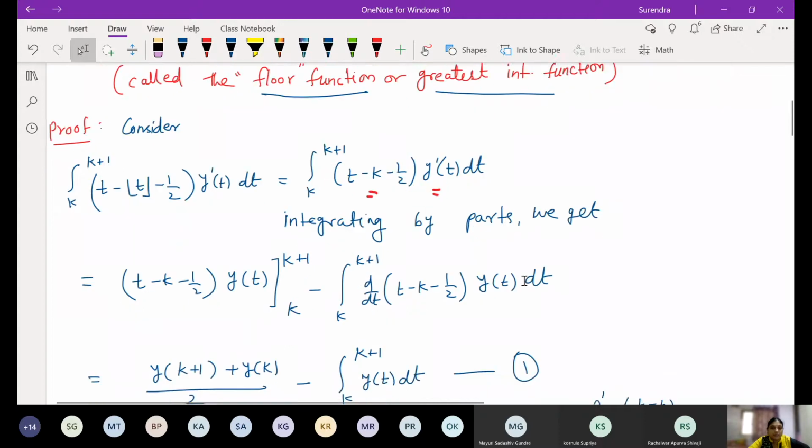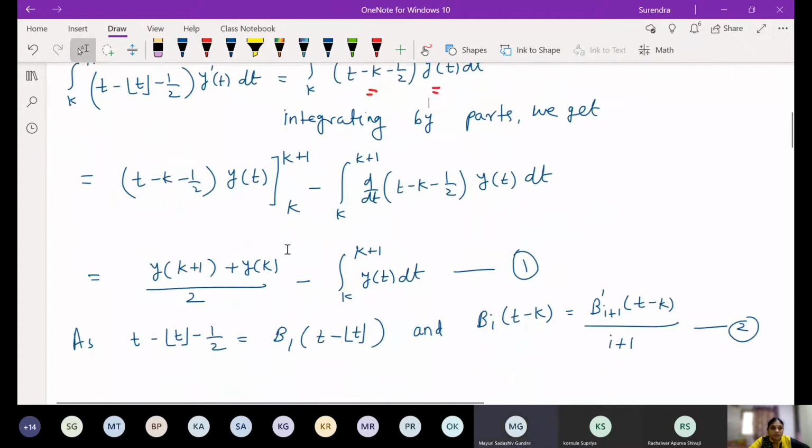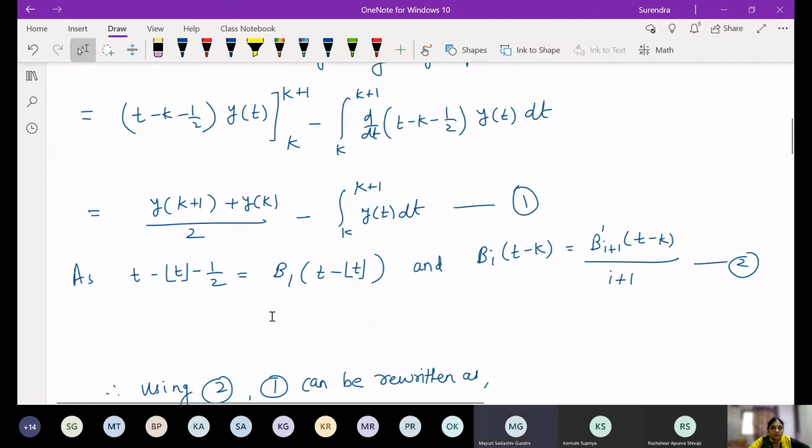Once I apply that formula, I will substitute the upper limit and lower limit. Upper limit, if I substitute k plus 1, t is equal to k plus 1 minus k minus half, times y(t), which will be y at k plus 1.